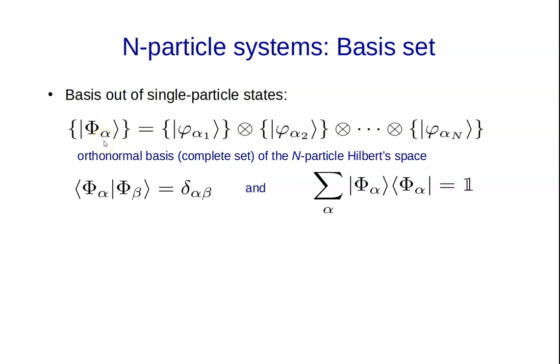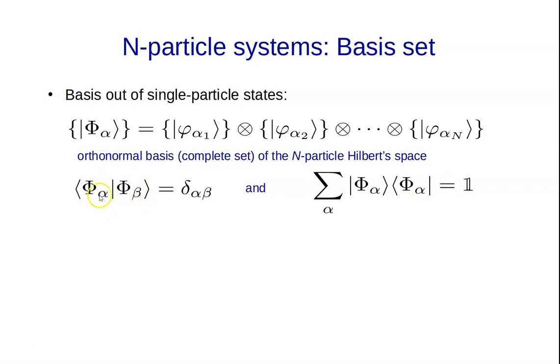We're going to see a couple of examples in a bit, but let me just say that if these are orthonormal or orthogonal to each other and they form a complete basis set for single particles, this guarantees that this basis will also be orthogonal and will also be a complete set.